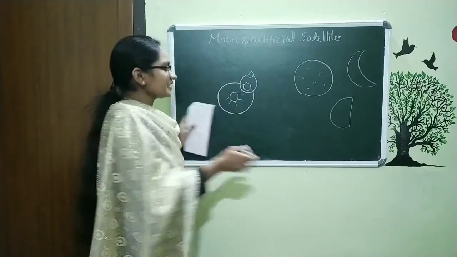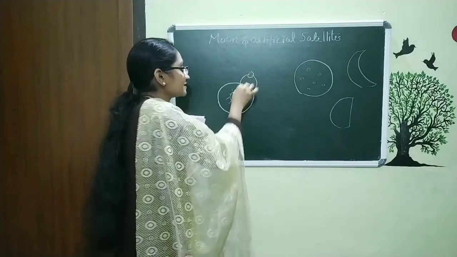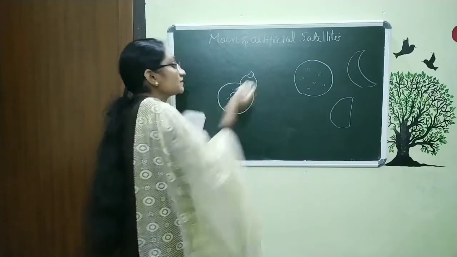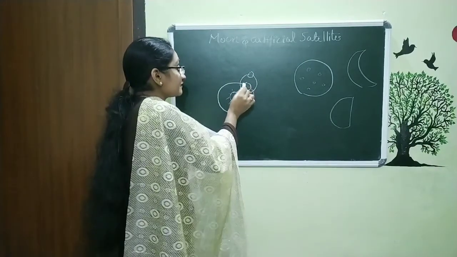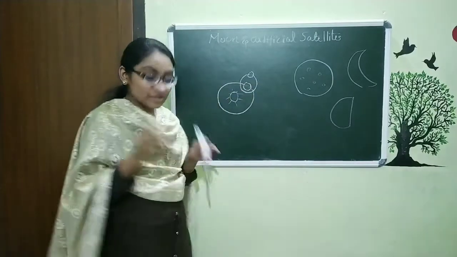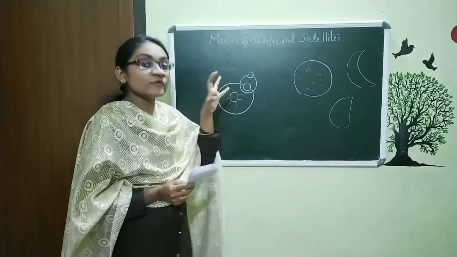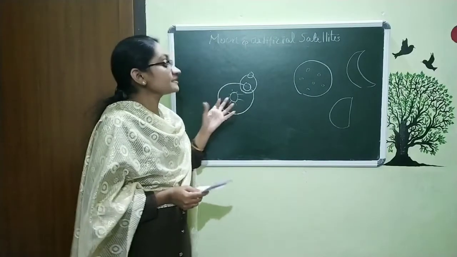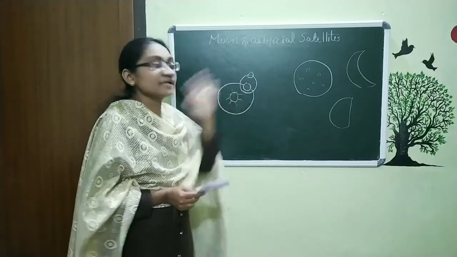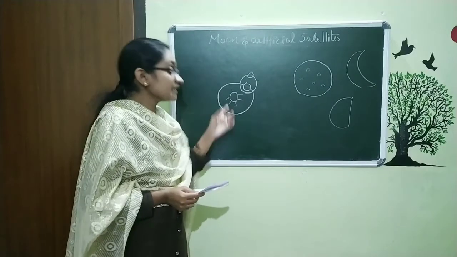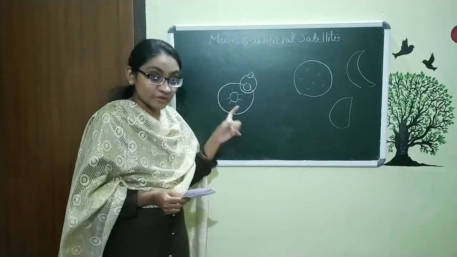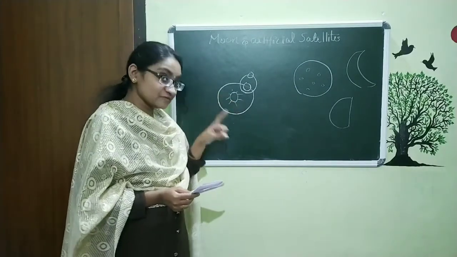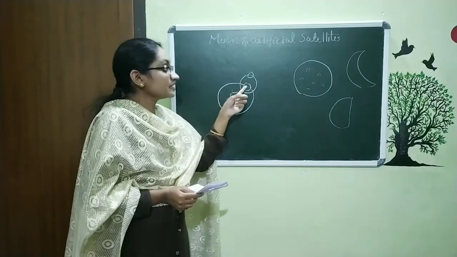So in some cases the moon is here, here, here. And at the same time our earth is also revolving. So this shape variation is due to the position variations of the sun, earth and moon. So we can say the shape variation of the moon is because of the position variations of the sun, earth and the moon.